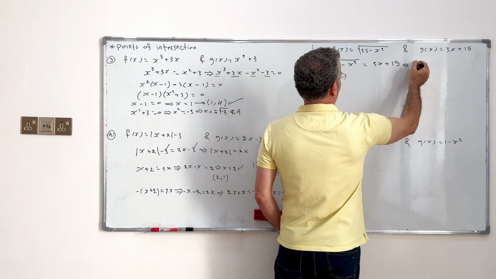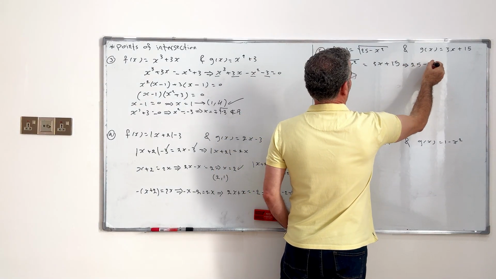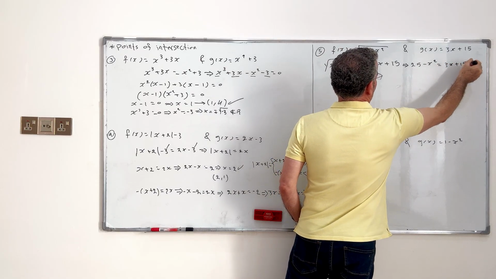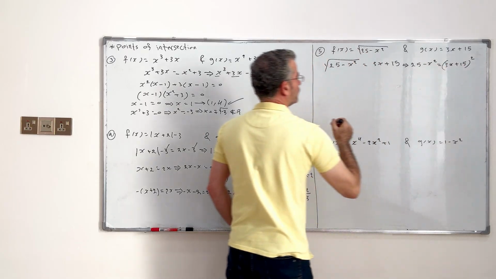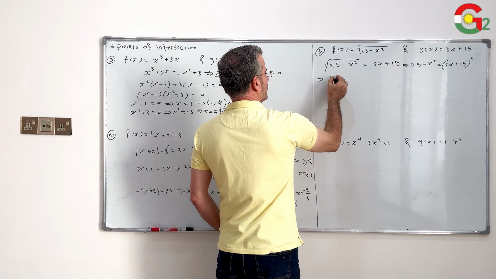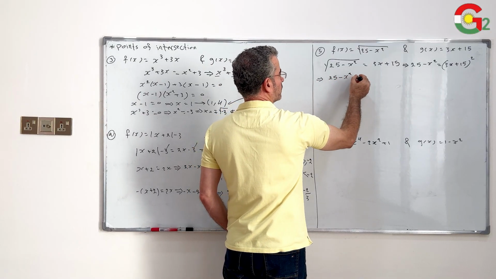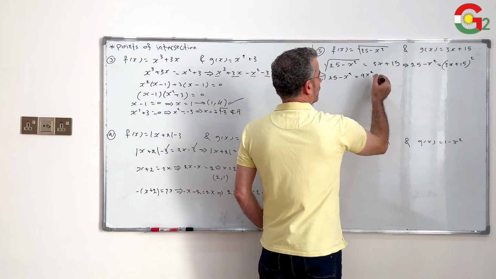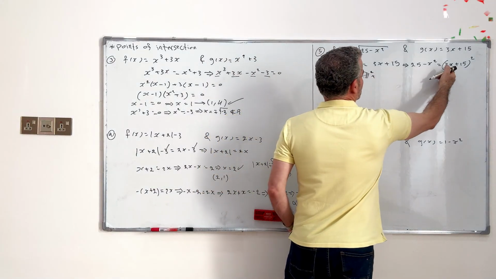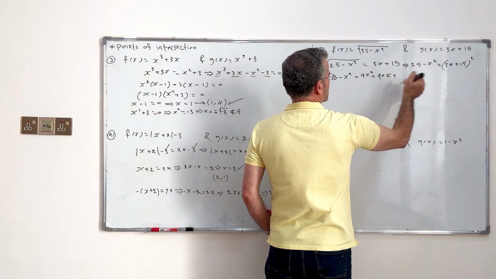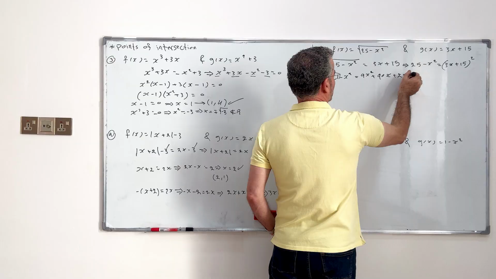Square both sides, then 25 minus x squared equals (3x plus 15) squared. Open this bracket. This will be 25 minus x squared equal to 9x squared plus 90x plus 225.